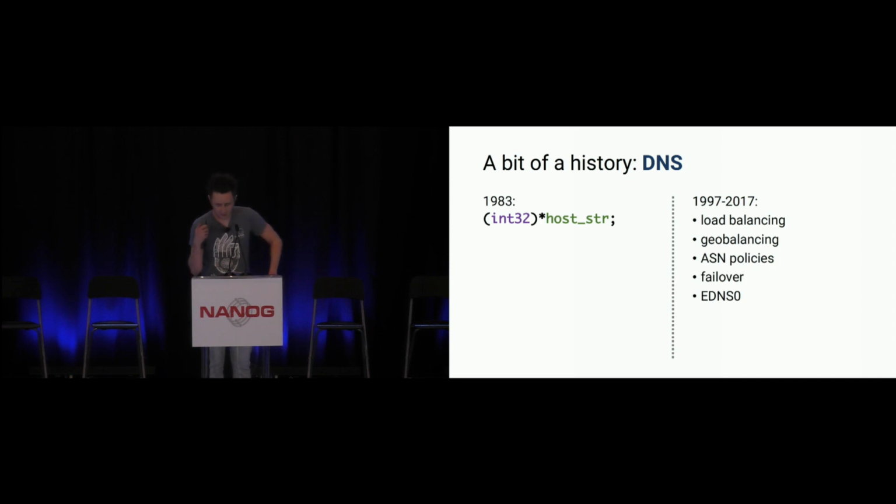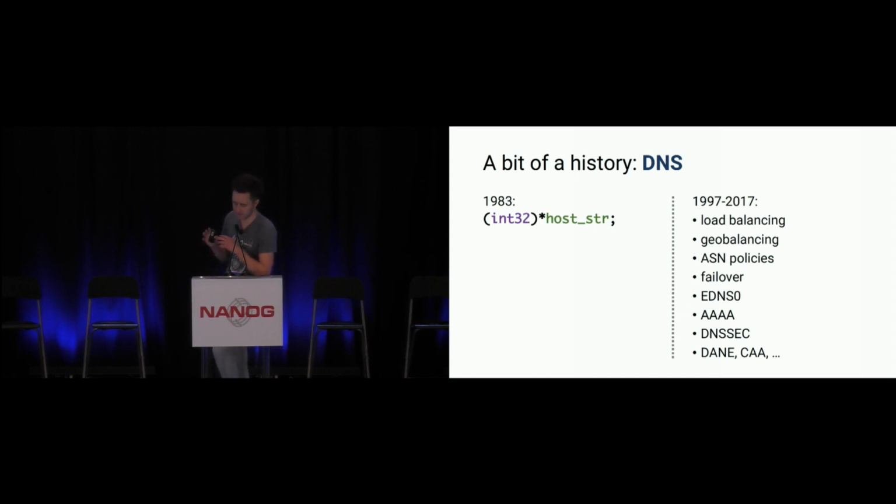Next, enterprises wanted business continuity and redundancy, so they opted for DNS-based failover. More and more functionality was added via extension mechanisms like EDNS0, client subnet, and more. Next, IPv6 has arrived, and a lot of security features started to be implemented into the DNS protocol with DNSSEC, CAA, and so on.